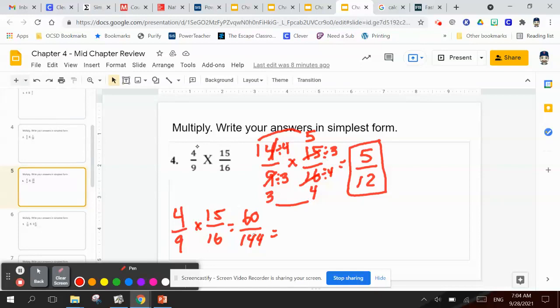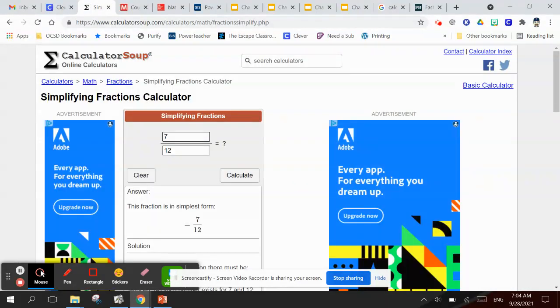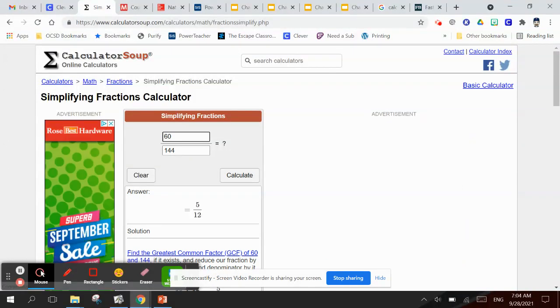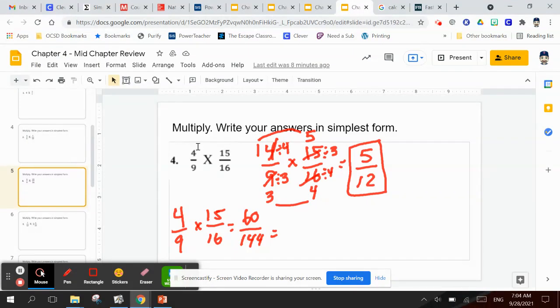I would take that fraction and go to my calculator. I have 60 over 144. And if I hit calculate, I should get 5/12. And that's the same answer that we have over here.